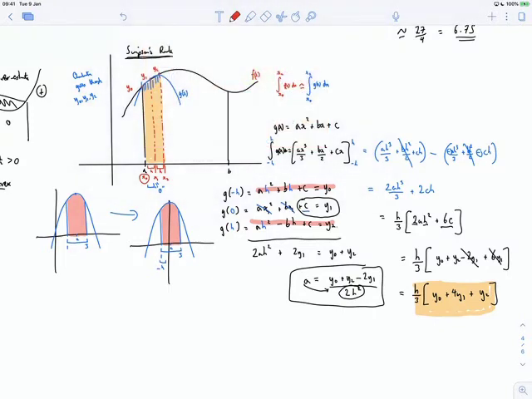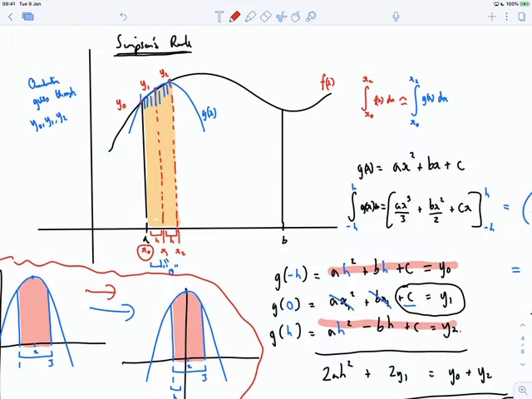I could carry this rule on because I know how to shift parabolas left and right. So I could just shift the next parabola on. So let's say I create another pair of equal width strips here and here. And this time it starts at y2, and the middle one's y3, and the next one's y4, and we're h along, and now I'm talking about this area.